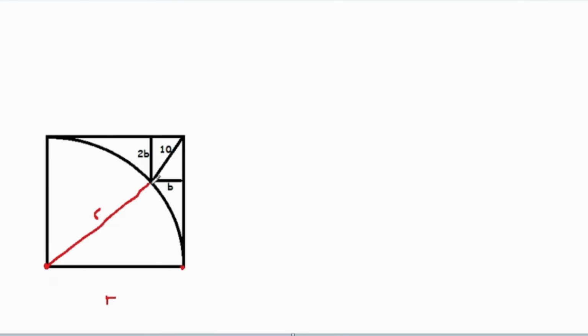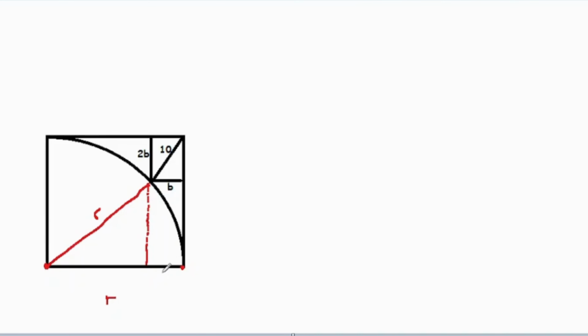Now let me trace down from here down to this point. Okay, now follow my blue ink. From here to here is B. So let's go down. From here to this point is also going to be what?